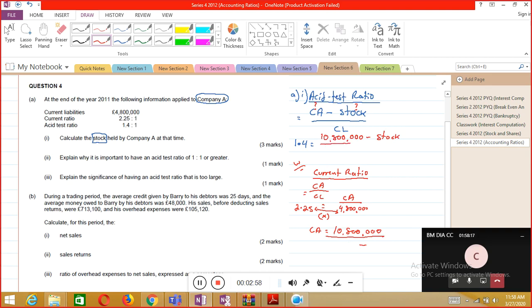Correct. So 10.8 million comes over here now. The answer goes here, minus stock. CL is 4.8 million. So from here to here you multiply, and please do the reverse calculation to get the stock answer. How much?